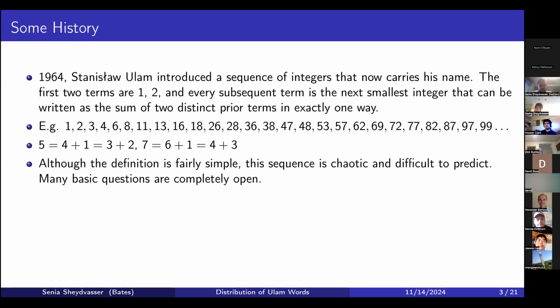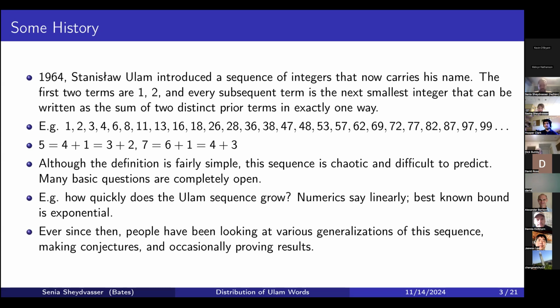All of the usual methods that you might use to attack this, like the circle method or trying to find a generating series, none of this seems to yield anything, at least as far as anyone has been able to find thus far. And as a result, lots of basic questions are completely open.